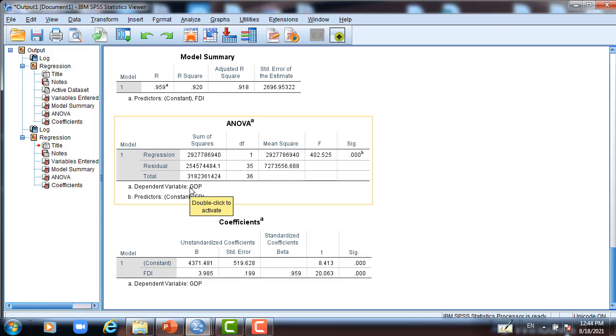How to interpret ANOVA? The ANOVA table indicates that the regression model predicts the outcome variable significantly well.